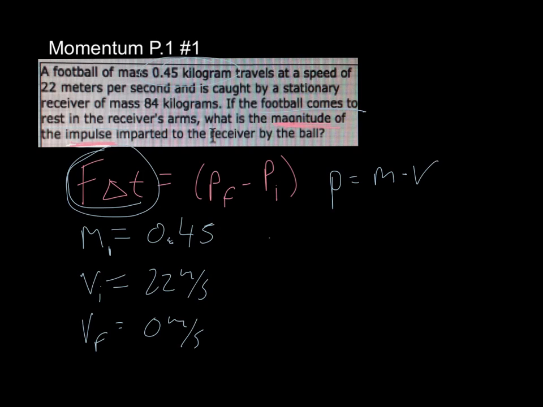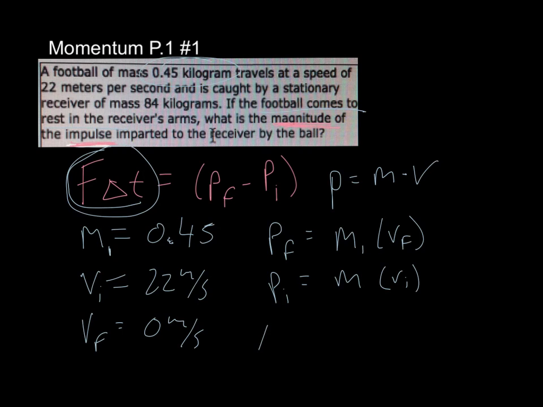So in this case, our PF is equal to our mass times our final velocity, and our PI will be equal to our mass times our initial velocity.